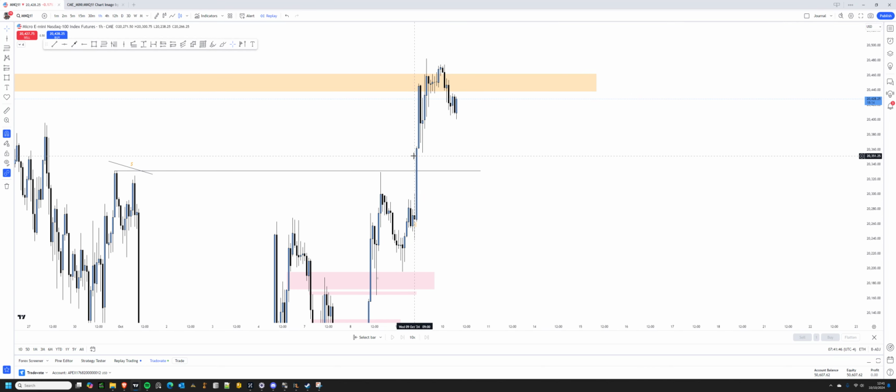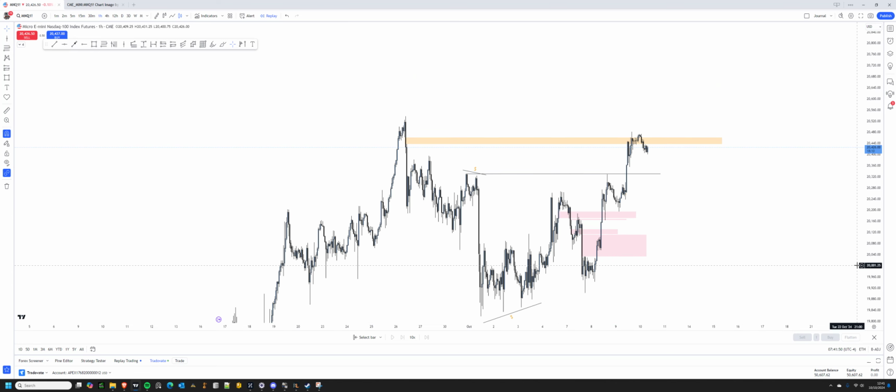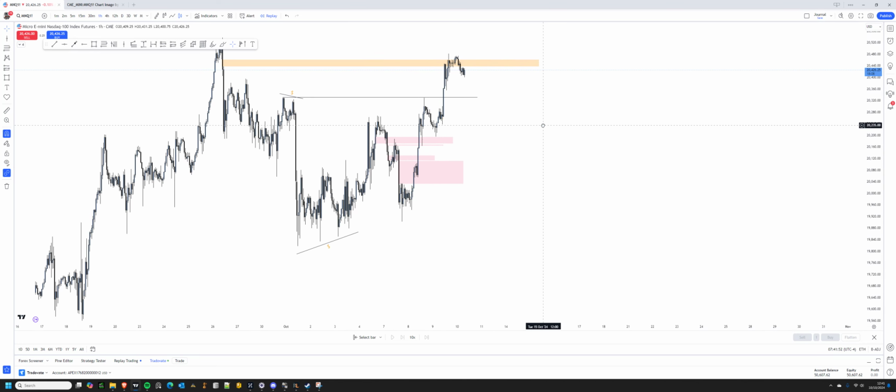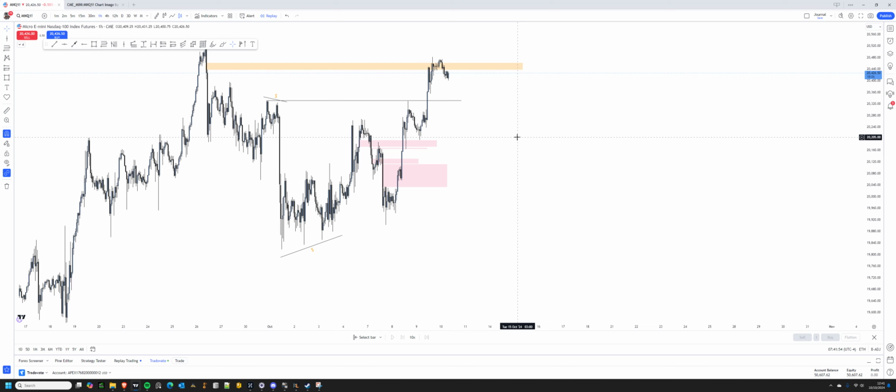So yeah, I hope that helps. Now, what am I thinking? It's CPI in about an hour or so. I still like these, and it's Thursday. We could get a massive dump today, continue to Friday to take these lows.